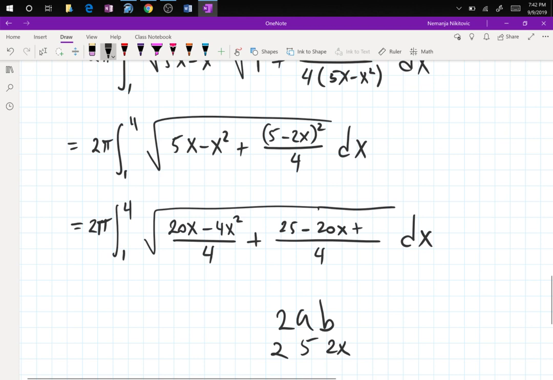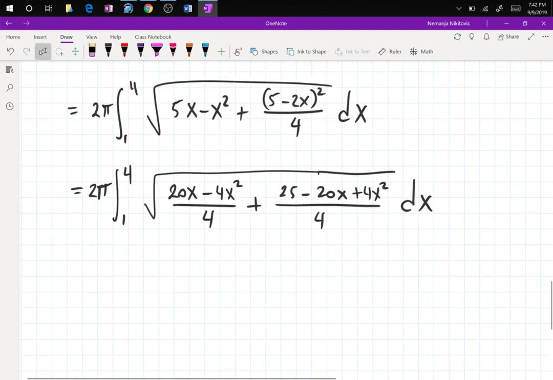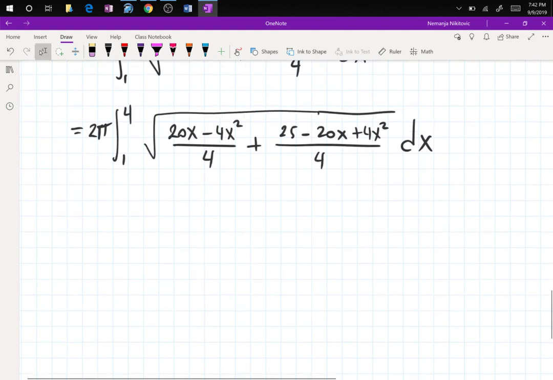Plus 4x squared. Now we add like terms between two fractions. Guys, over 4, I'm going to factor, kick it as a half in front of the root, kick it as a half in front of the integral. It kills this 2 too.